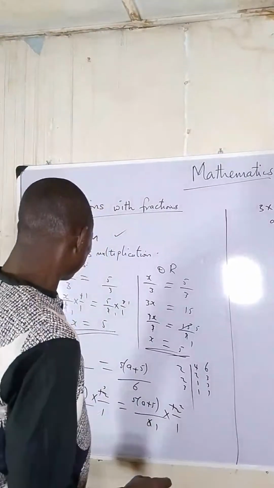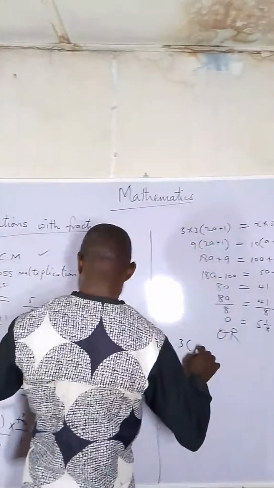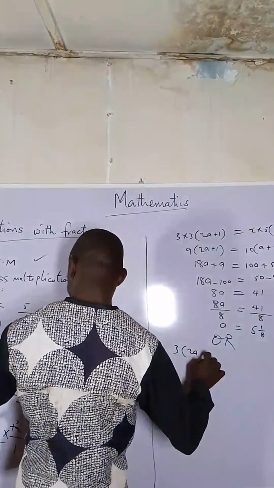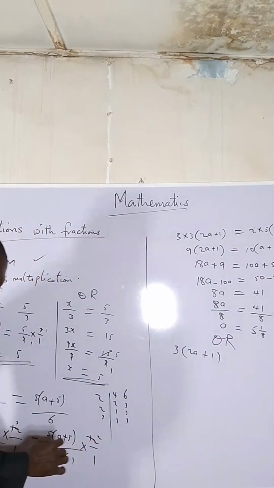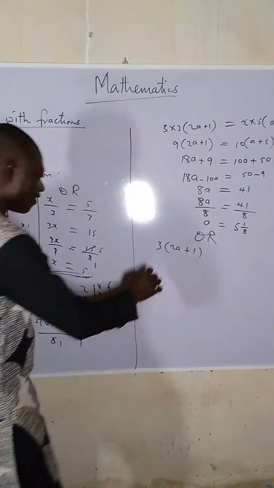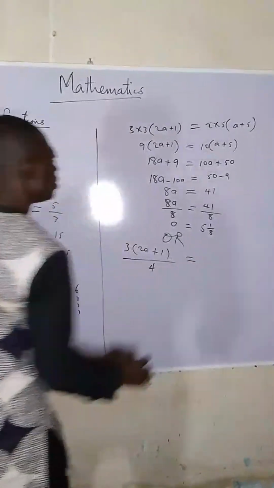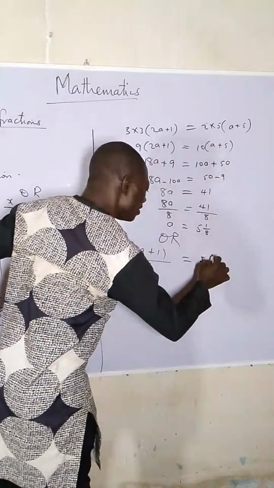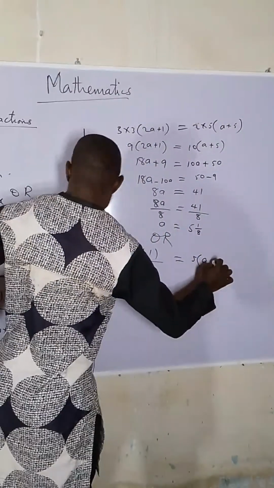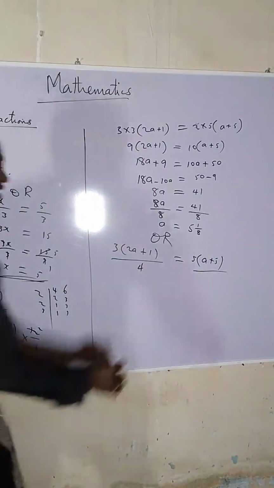The cross multiplication method now, to solve the sum: 3 into (2A plus 1) all over 4 being equal to the same number, we have 5 into (A plus 5) all over 6.